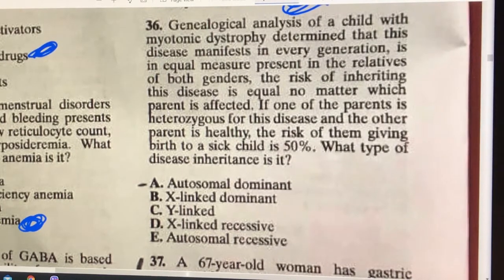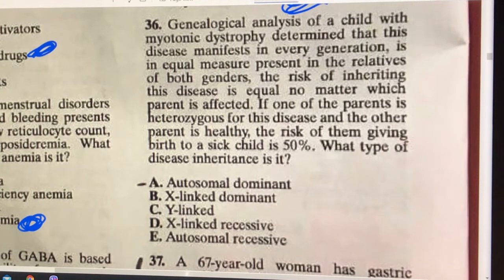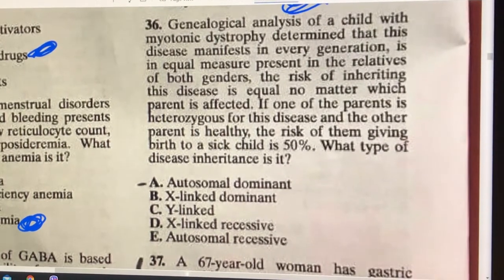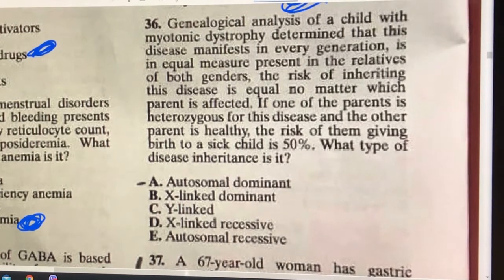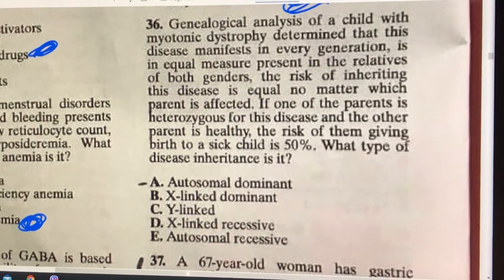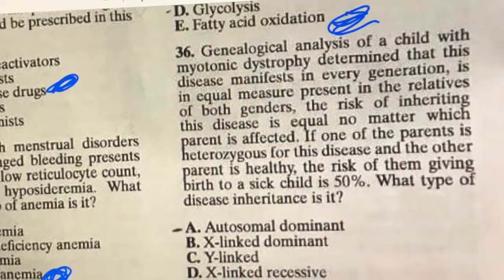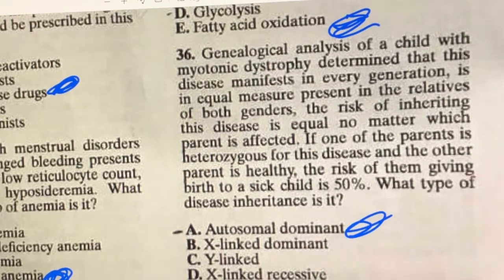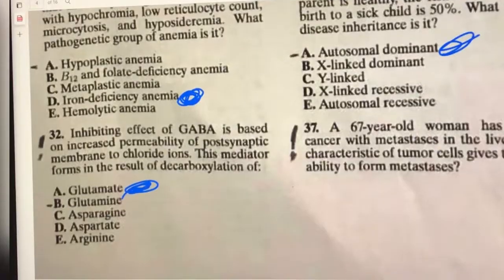If one parent is heterozygous for the disease and the other parent is healthy, the risk of giving birth to a sick child is 50%. What type of disease inheritance? After reading half of the question, you can easily find that it is a dominant disease, and the disease is present in both genders, so it is autosomal dominant. Easy question.